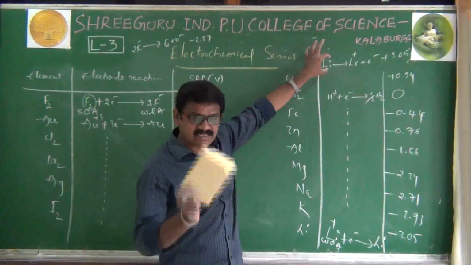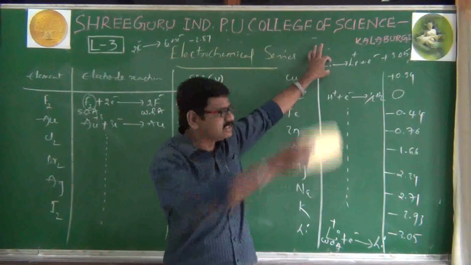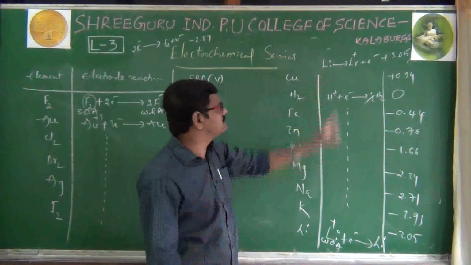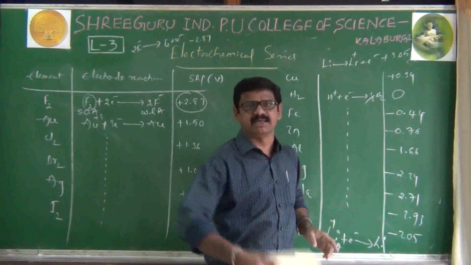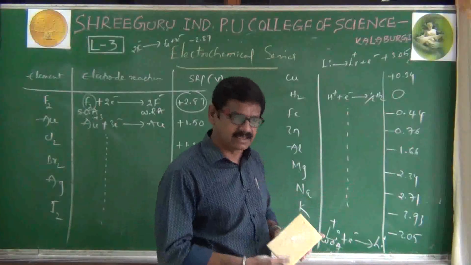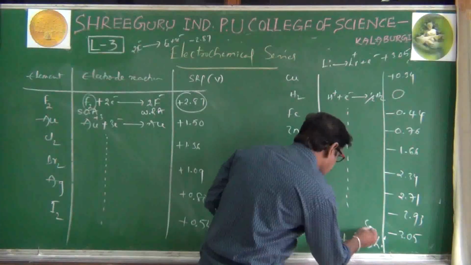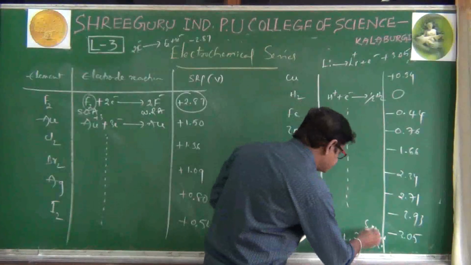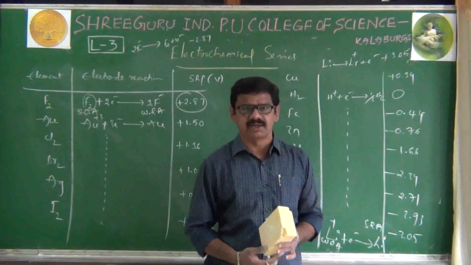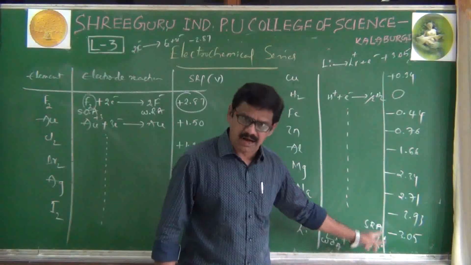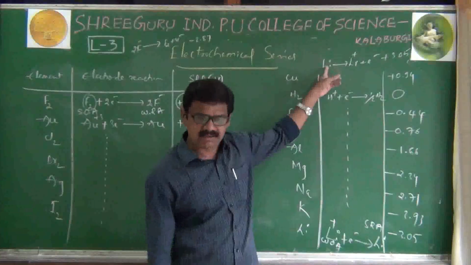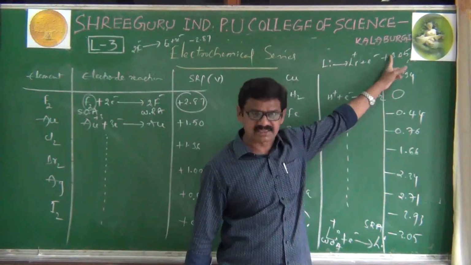Lithium's standard oxidation potential is highest in the electrochemical series, means lithium participates in oxidation reactions very easily. That's why lithium is a strong reducing agent, because a reducing agent reduces others and itself undergoes oxidation. Our lithium is a strong reducing agent because its oxidation potential is highest.